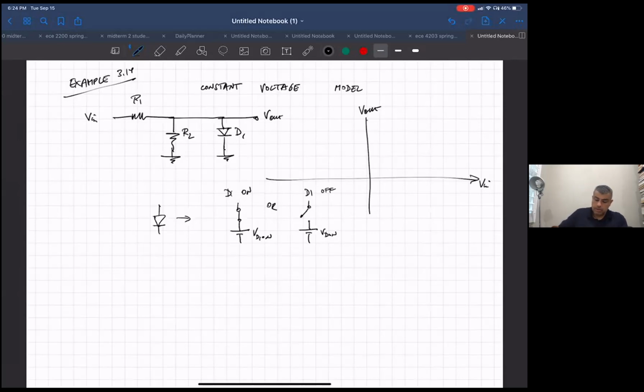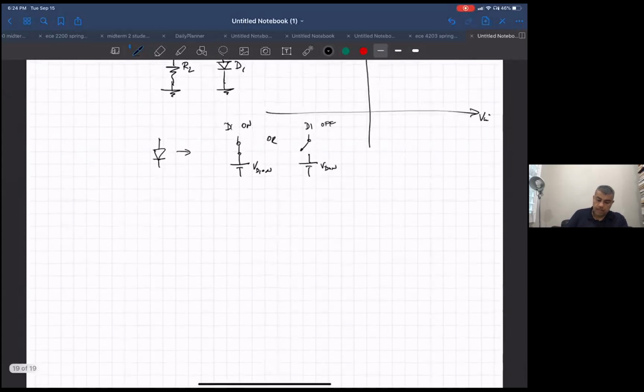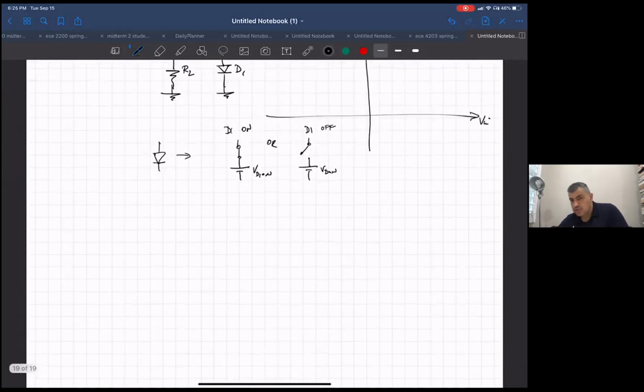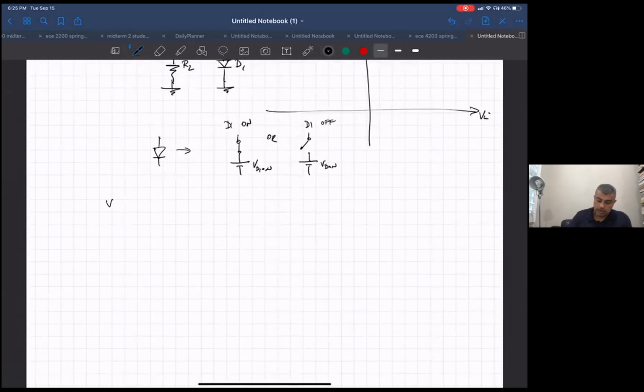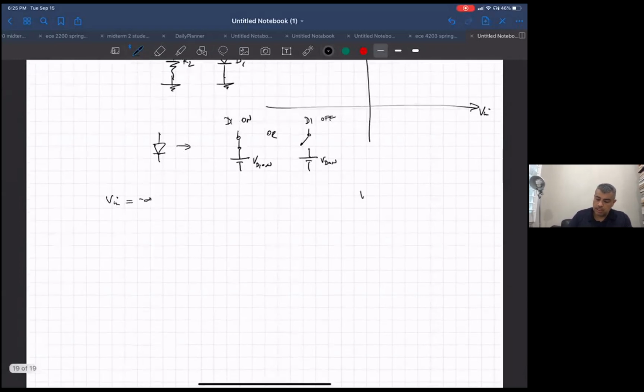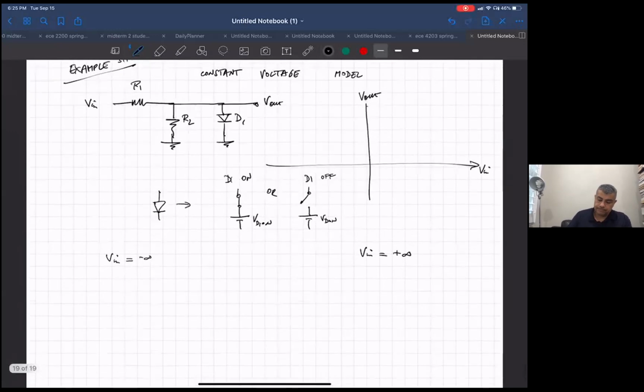Okay, guys, let's look at it together. The first thing you should have all done is look at the case where Vn is very low, so minus infinity, and the case where Vn is very high.